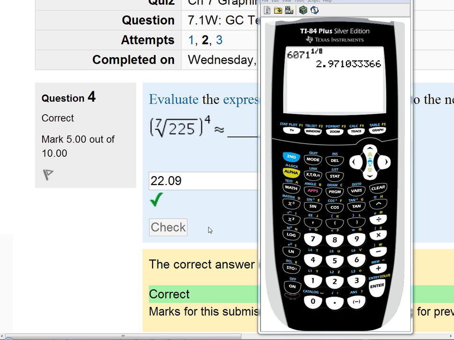If I want to find the value of this radical, I can just put it in like that in my calculator. That's kind of a hard thing to do. The one thing I've got to remember here is, how do I write that as a fractional exponent? If I can remember that, this becomes very simple.